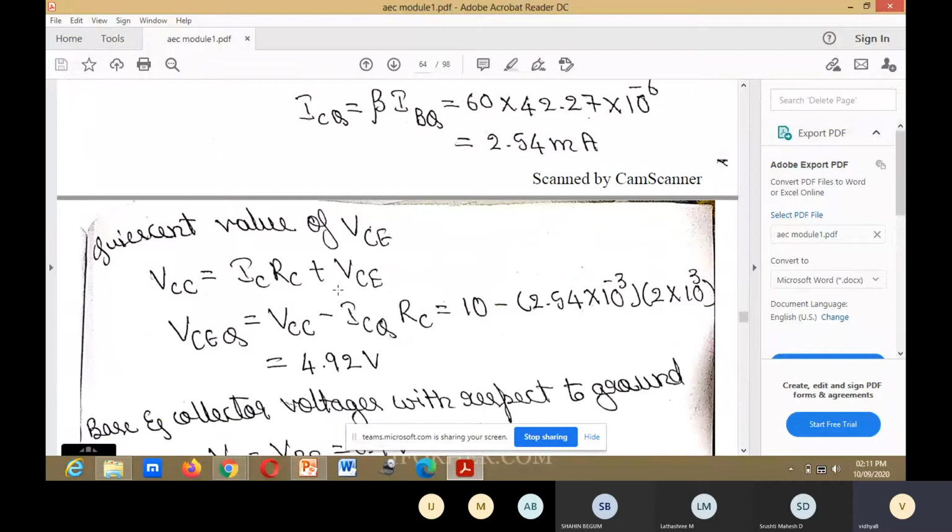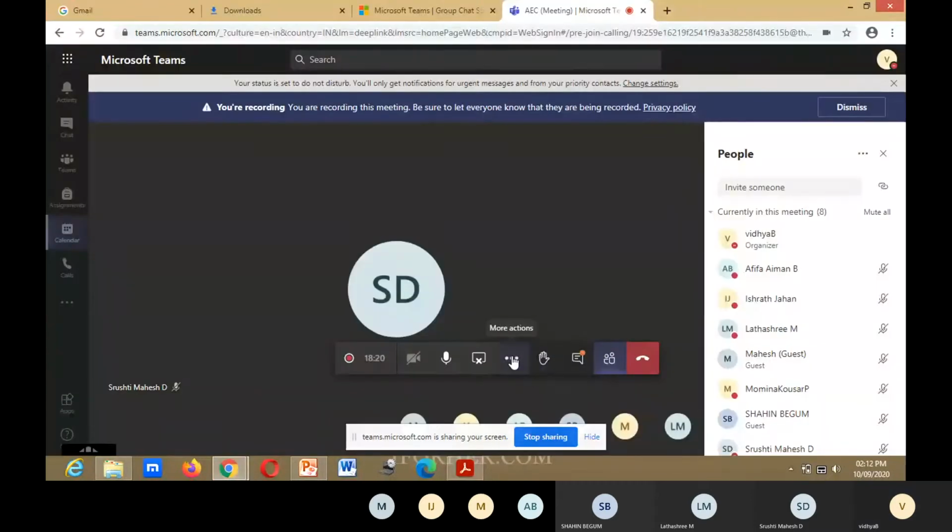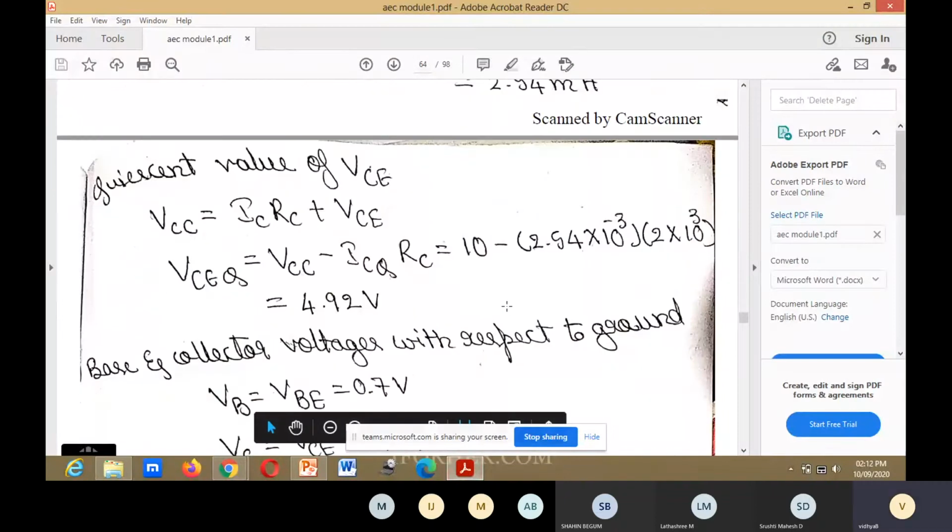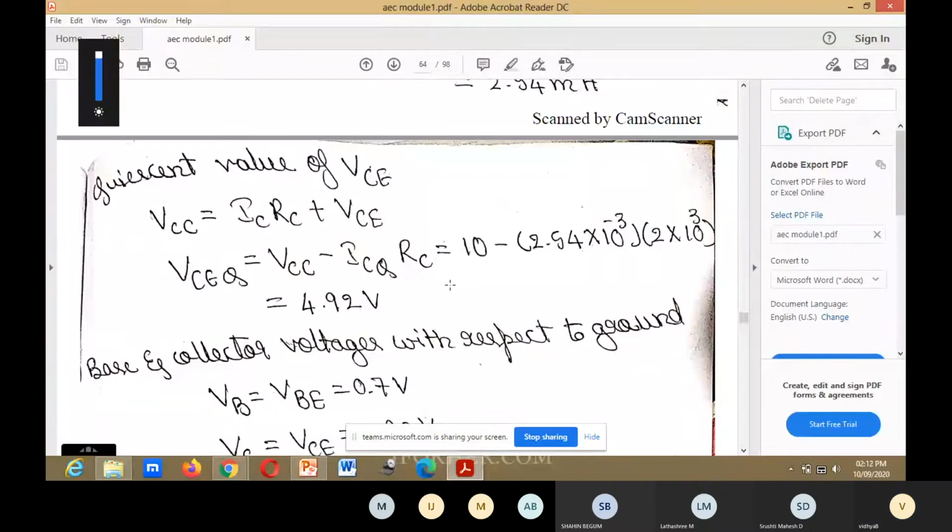Next, the quiescent value of VCE. VCC is equal to ICRC plus VCE. From this equation, VCEQ is equal to VCC minus ICQ into RC, which is 10 minus 2.54 into 10 to the power of minus 3 times RC.